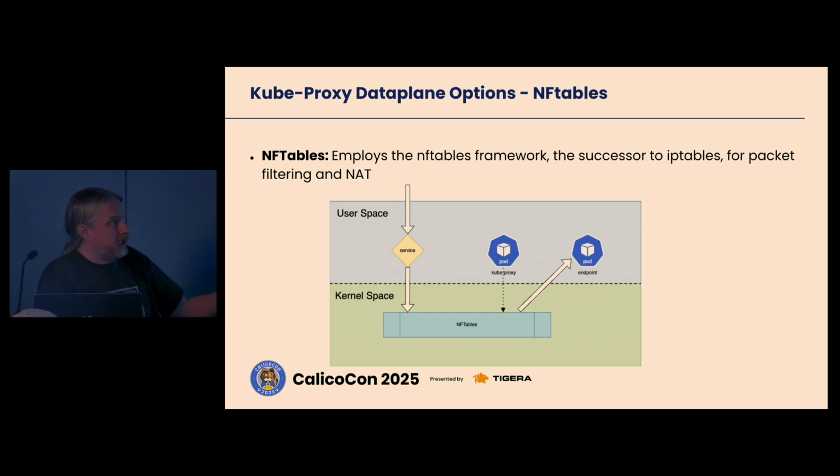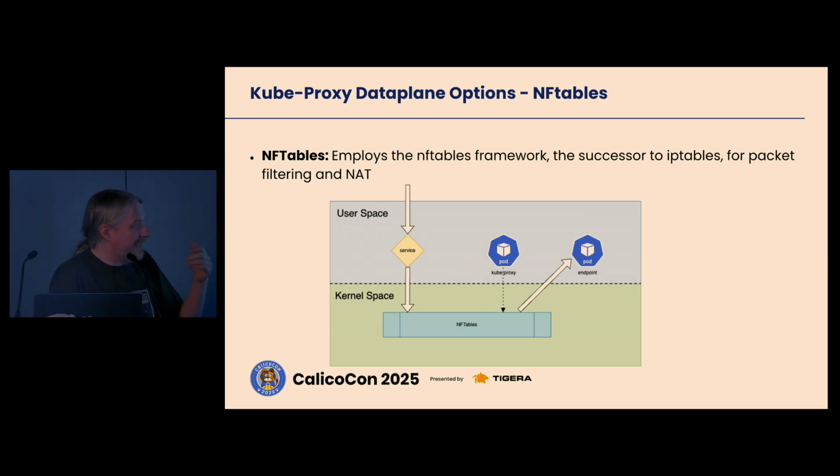Now, where nftables gets those performance wins over IP tables is that nftables, like IPVS, is not a linear search. So nftables is going to use verdict maps to hash the destination information and just go straight to that service. So again, if you have 10,000 services, whereas with IP tables you go through them all, with nftables they're going to go straight to that service.